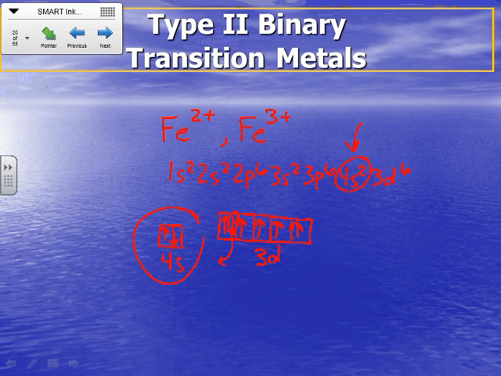So here's the problem. Most of the elements in the middle can do things like that. That means that when I tell you iron, and let's say that I tell you iron chloride, okay? And I ask you to write the formula for iron chloride. Well, which iron is it going to be, right? Is the iron going to have a 2+ charge, or is it going to have a 3+ charge?